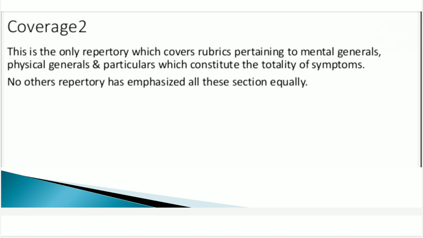So this is the only repertory which became so famous and useful. It was useful not only during the period of Dr. Kent, but till today it is very useful in the clinic.